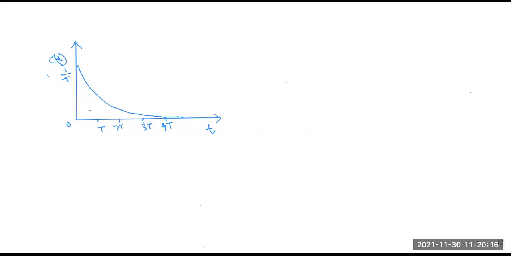Now we take another table. This is the conversion of the different functions, that is unit impulse function, step function, and parabolic function. So now we take one table.